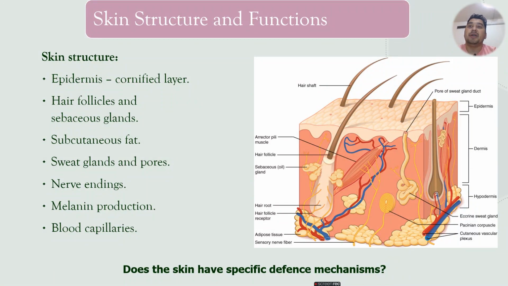So these are the different parts of the skin structure. As you know, there are three different layers of the skin. The first one is the epidermis, the top layer. Then we have the dermis, and then we have the hypodermis.